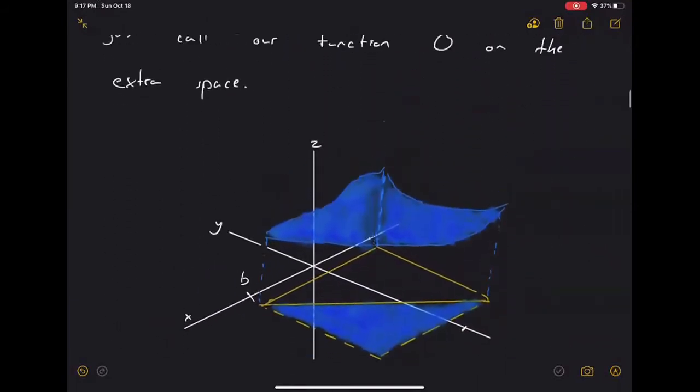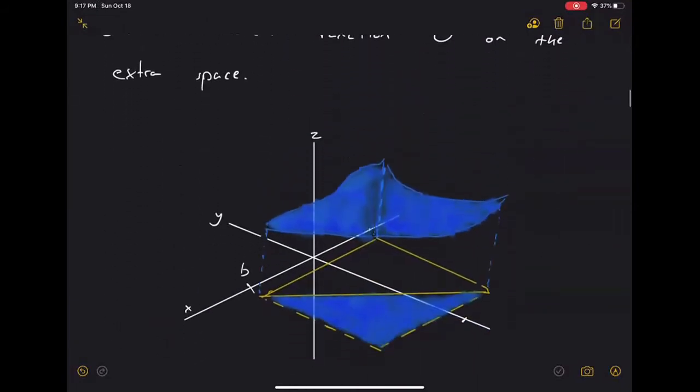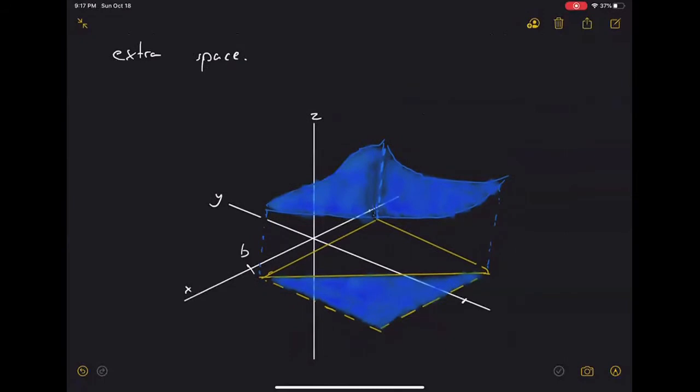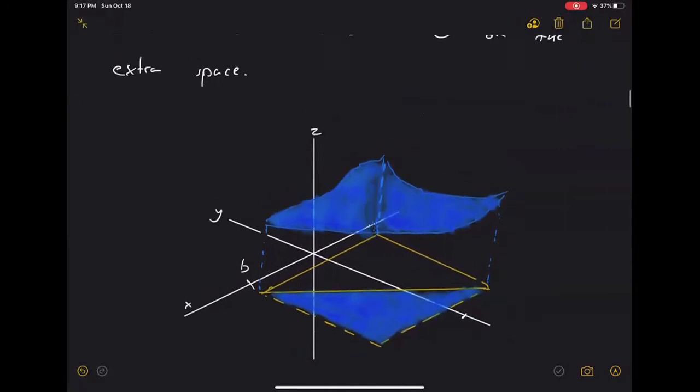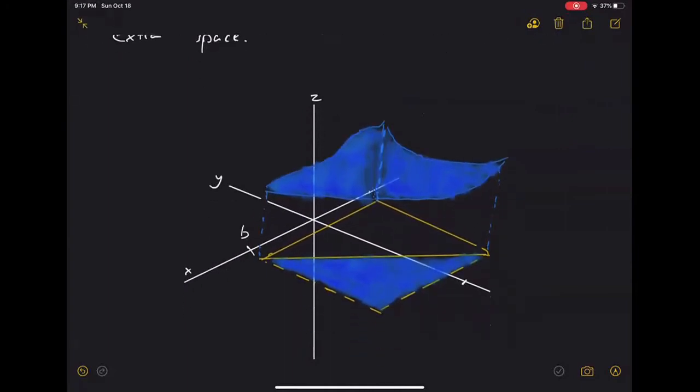Well, the trick is we're going to make this domain into a rectangle, and then we're going to say our function, which is our blue surface, is 0 on that enlargement. So here we have our original function, and it takes all kinds of values. And then we've enlarged our domain here.